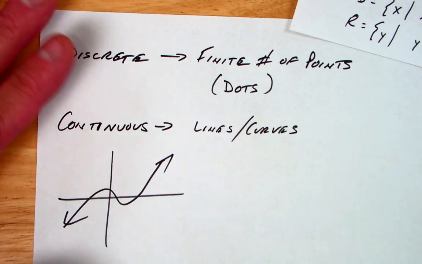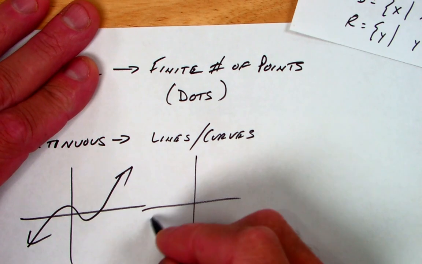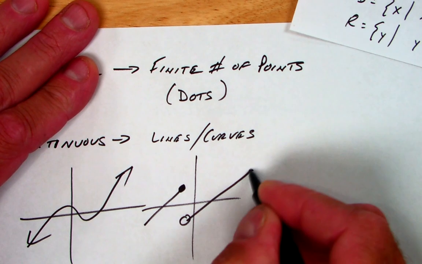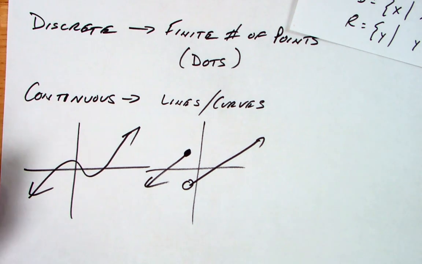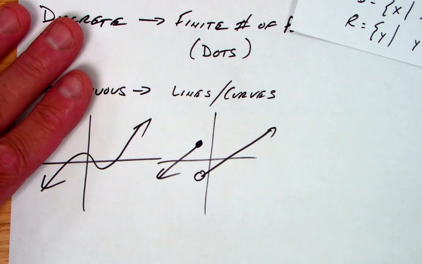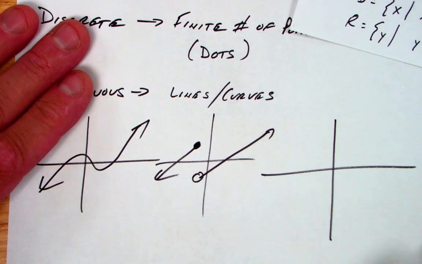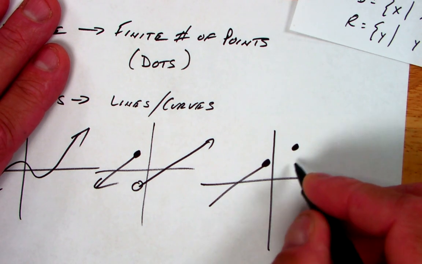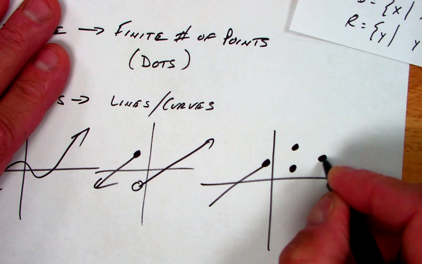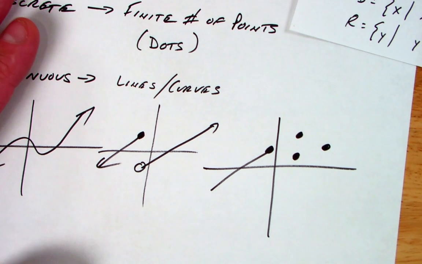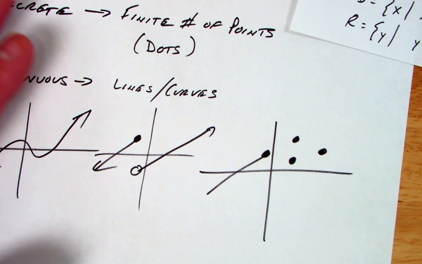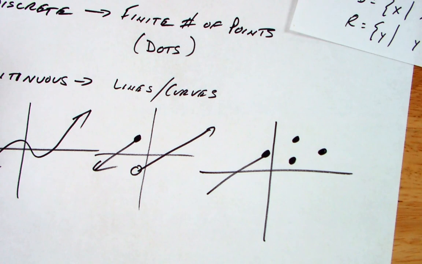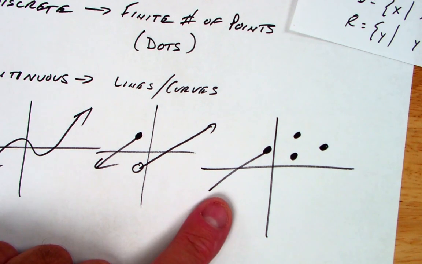If I did something like this, is that continuous? No. Is this one continuous? No. And you know what? It's not discrete either, because it's got a section that has infinitely many points on it.